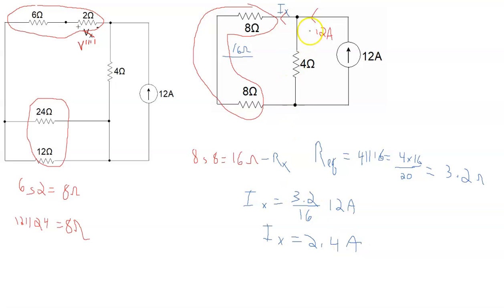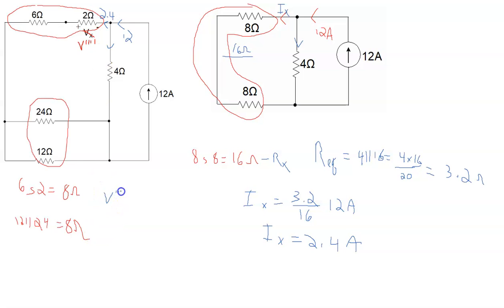And so the 12 amps divides here. Most of the current goes through the smaller resistor. IX becomes 2.4. Now, over here then, in our original circuit, the 12 amps divides into 2.4, our IX, and the rest of that current then goes down through the 4 ohm resistor.